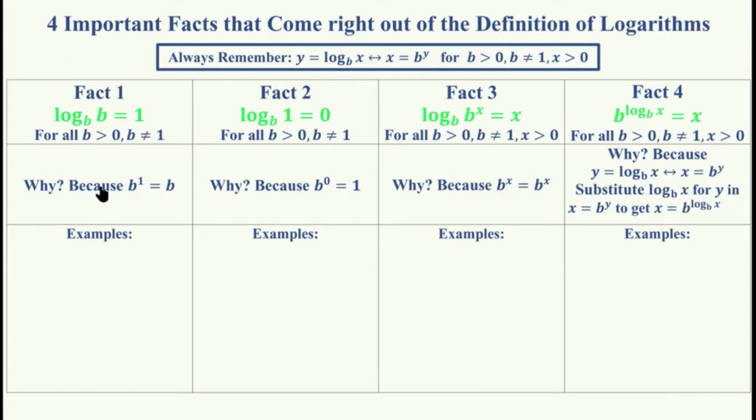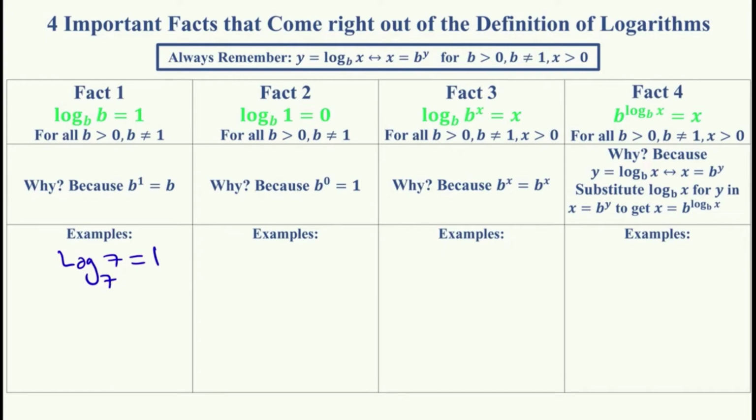So why is this true? Because b to the power of 1 equals b. Just take this and put it in logarithmic form, and you'll see that you end up exactly with this equation here. So for example, if you see log base 7 of 7, that's a no-brainer. You know the answer is going to be just 1. It's just common sense anyway.